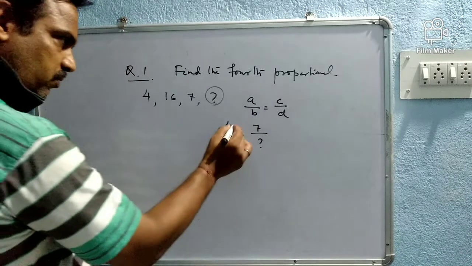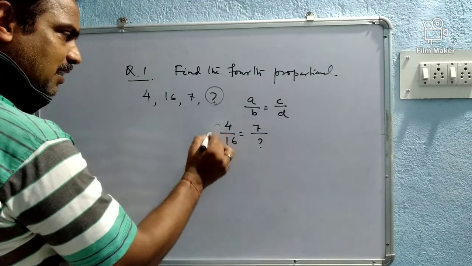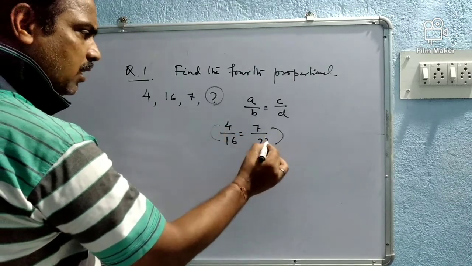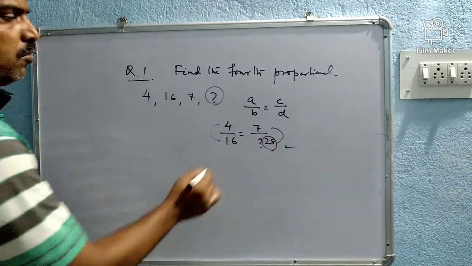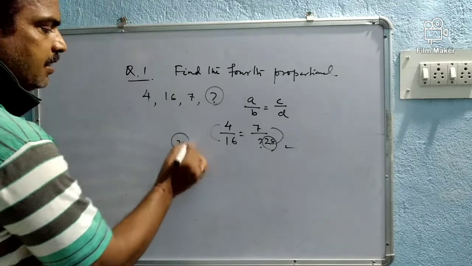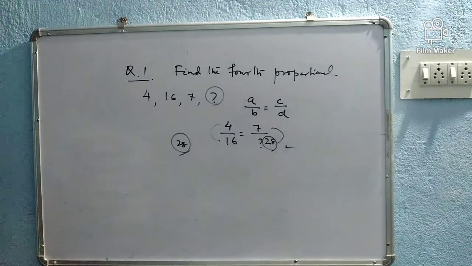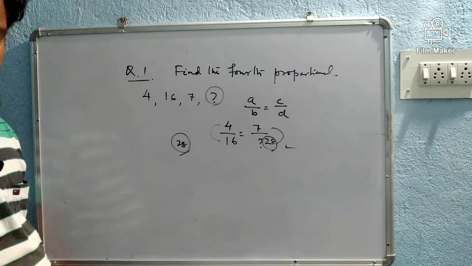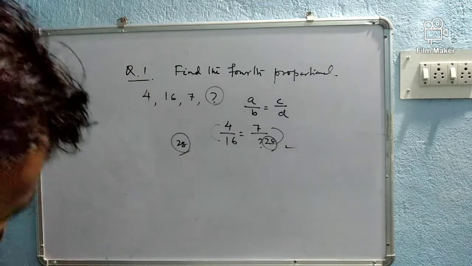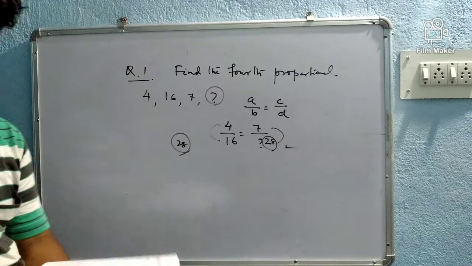So this is 4 times, multiply by 4, 28. So fourth proportional will be 28. In this way we can easily find the fourth proportional. Similarly, other questions we will have to do here.